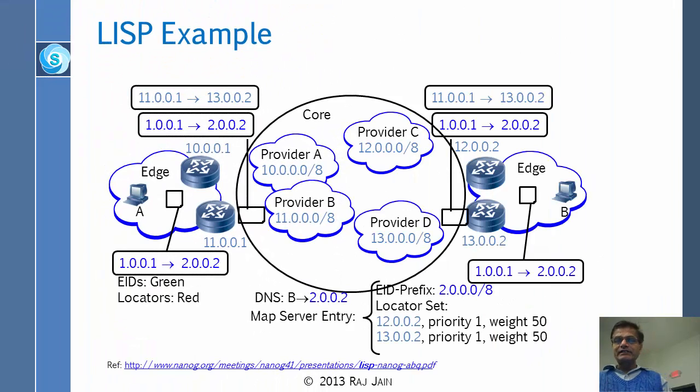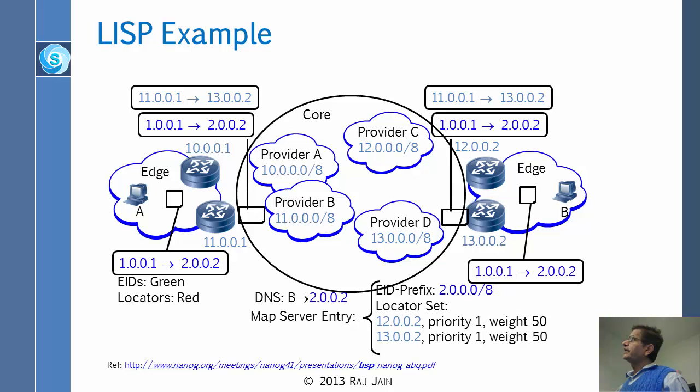So let's see one example here first, then we apply it to the data center in a minute. Again I took some wrong examples here. I will have to change these examples. But let's assume that this domain is dual connected. This site has two connections.